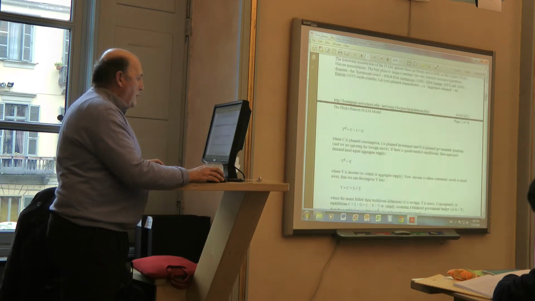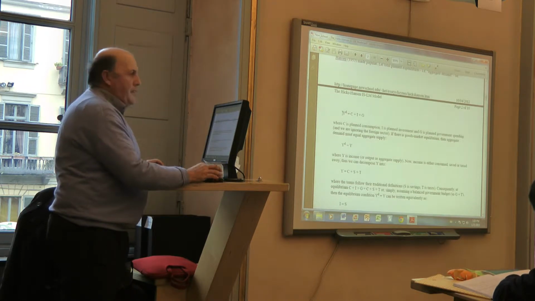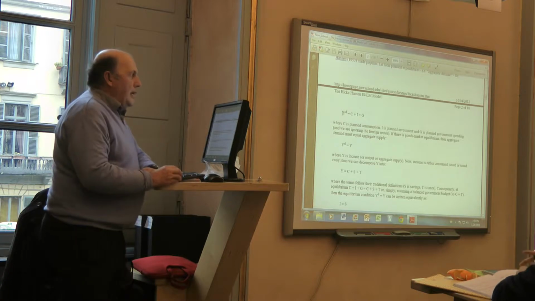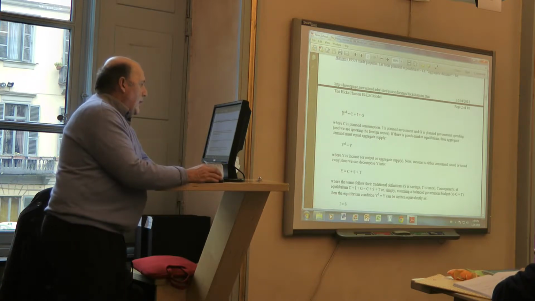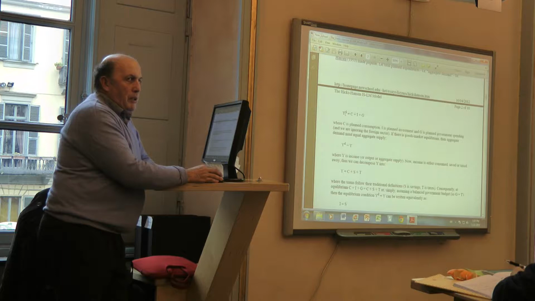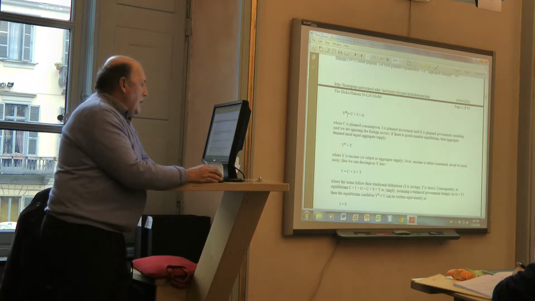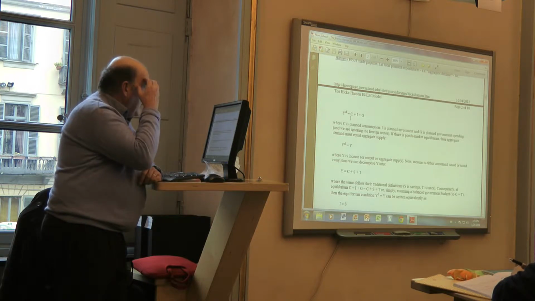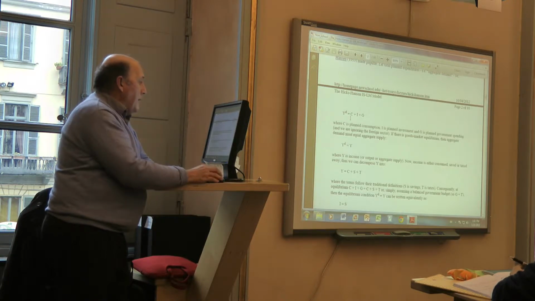You can see you start from the standard Keynesian equation, income, disposable income. This is y. Anyway, income is equal to consumption plus investment plus net government expenditure. You see it here, okay?